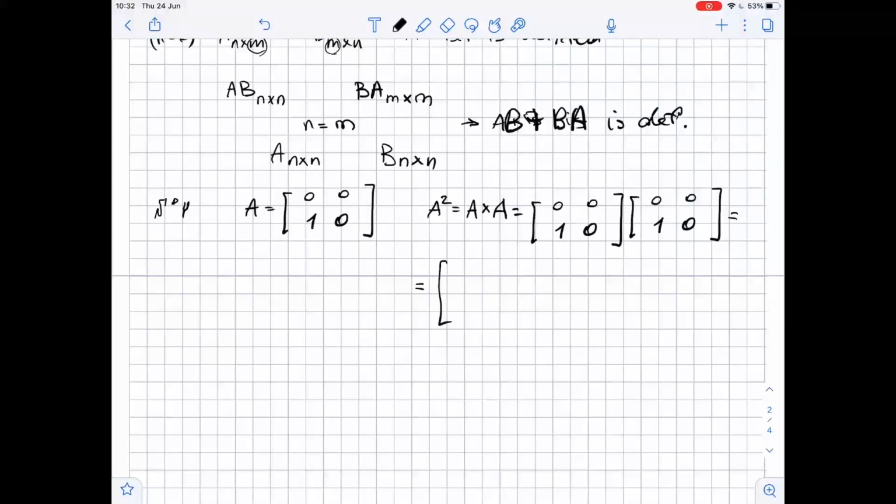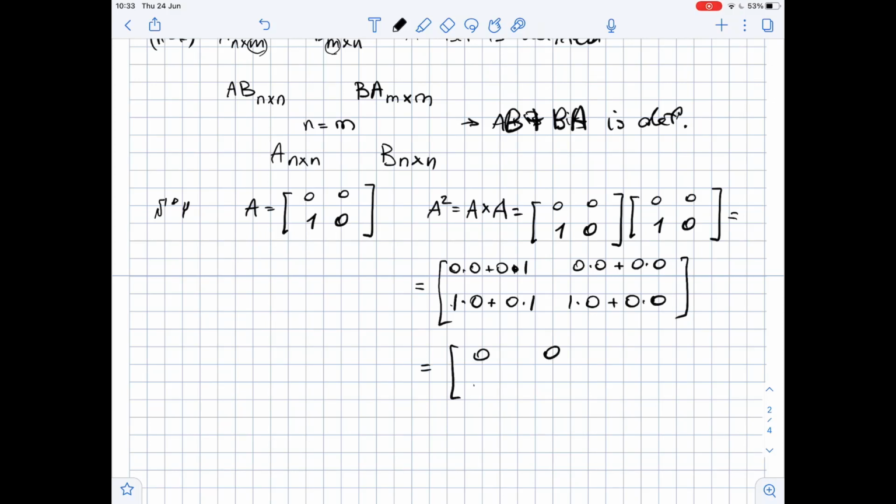The first entry is 0 times 0 plus 0 times 1. Then we have 0 times 0 plus 0 times 0, 1 times 0 plus 0 times 1, and 1 times 0 plus 0 times 0. So as you can see, all entries are 0. So A squared is a zero matrix, while A is not.